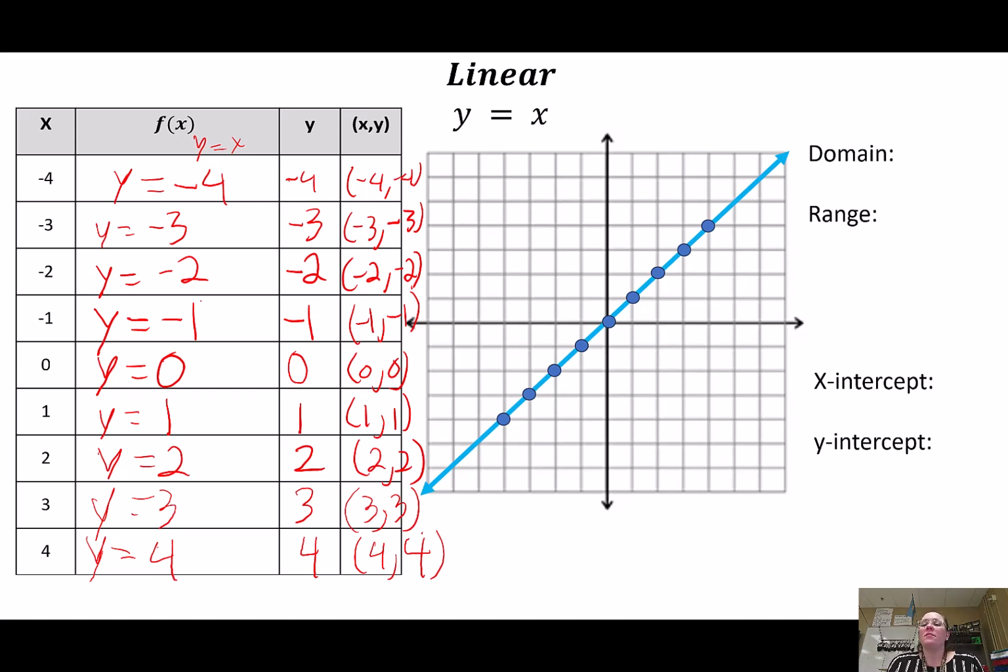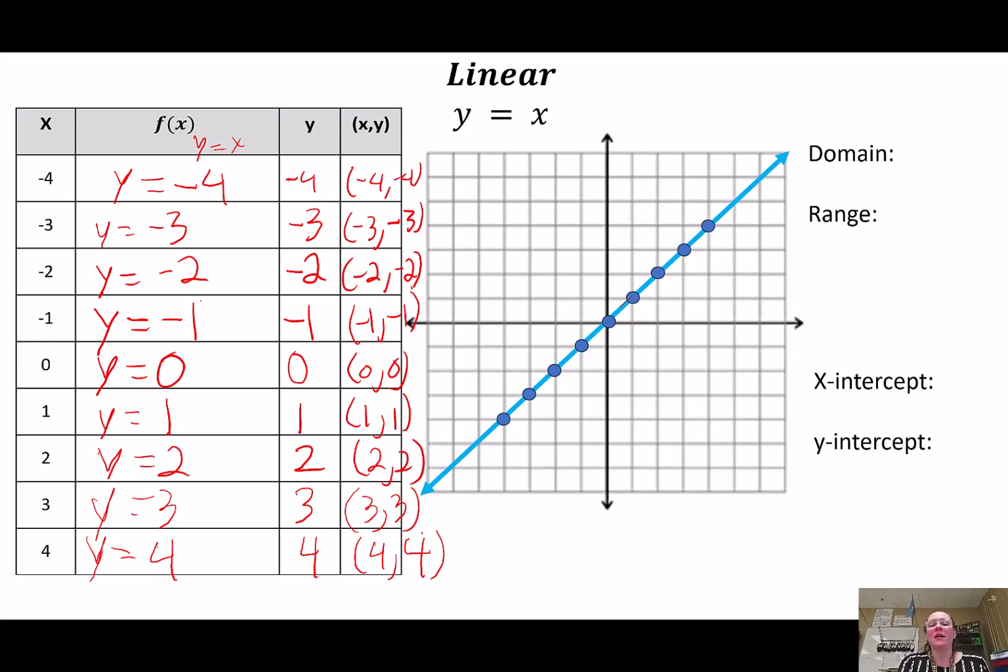So what is my domain? So remember, domain is all the x values. So if I'm looking at my graph and I go right, am I ever going to stop going right? Well, if we look at this line, it's going to keep going on forever and ever to the right.